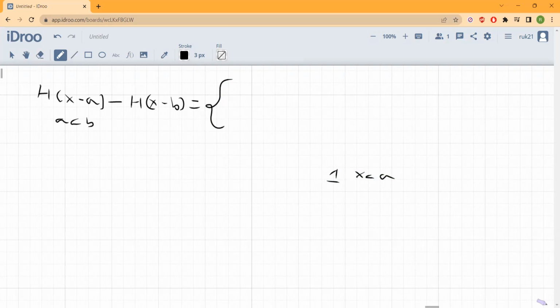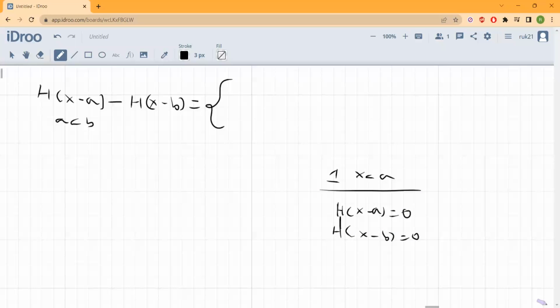If x is smaller than a, then h at x minus a is going to give us 0, and h at x minus b is also going to give us 0. I hope you remember, if you go back and see how h of x minus a looks, if x is smaller than a, you're going to get a 0, and if x is larger or equal to a, you're going to get 1. And because a is smaller than b, it would be the same thing here.